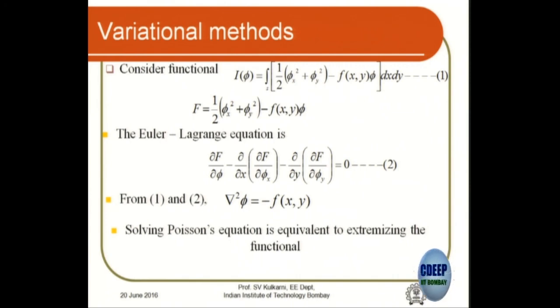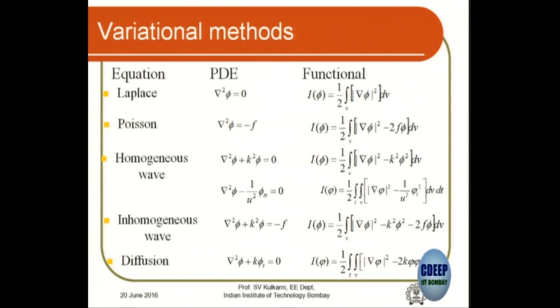When you multiply both sides, you get twice f, like twice f phi here. So whenever there is a source term, you get an additional twice f into phi kind of term.